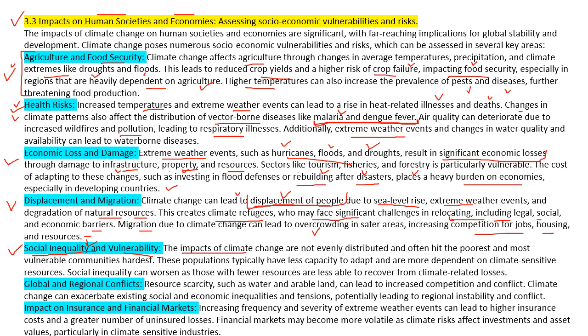So this is because of climate change. And then global and regional conflicts. Due to climate change, there may be scarcity of water and agricultural land, and it can lead to increased competition.